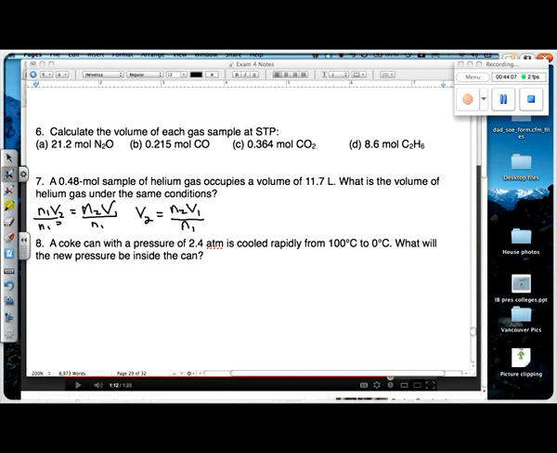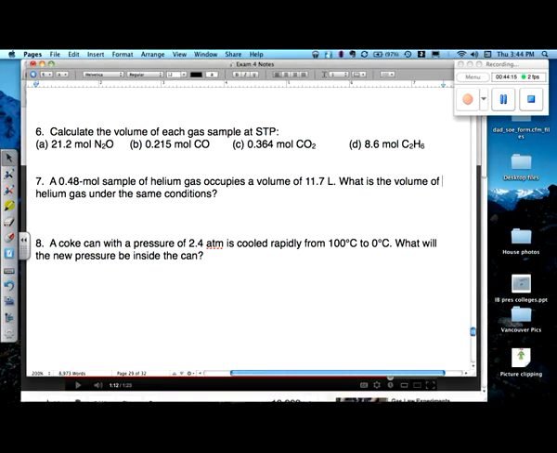Occupies the volume. What is the volume of 0.72 moles? Okay, under the same conditions.